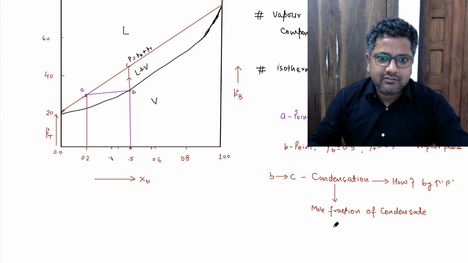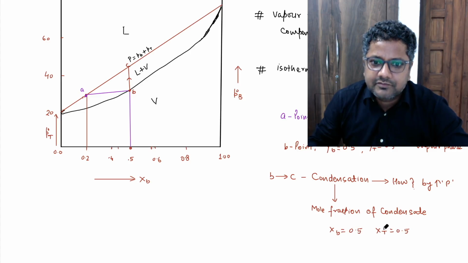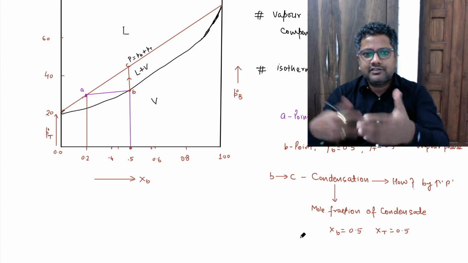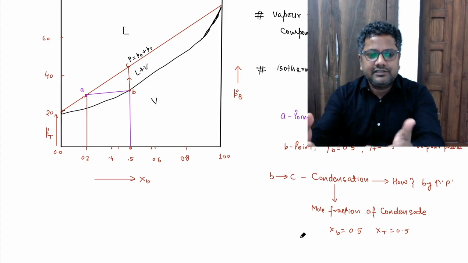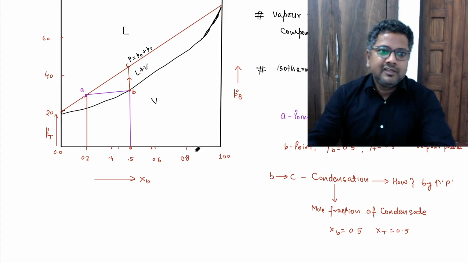The mole fraction of condensate is Xb equal to 0.5 and Xt equal to 0.5, because whatever amount of vapor you are condensing, condensate and vapor both have the same mole fraction. Clear? Okay.